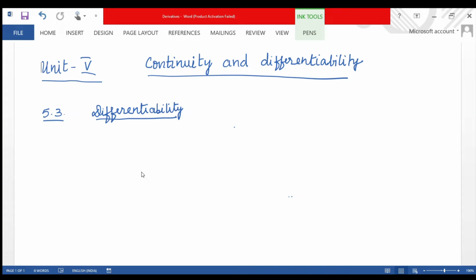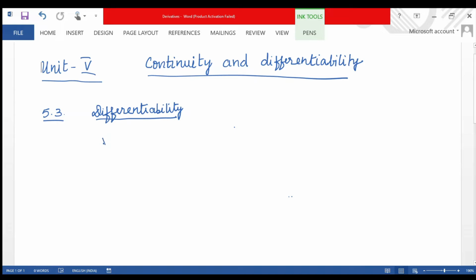Dear students, in this section we will introduce differentiability. It's the third section of the fifth unit. It's an introductory lecture about differentiability.